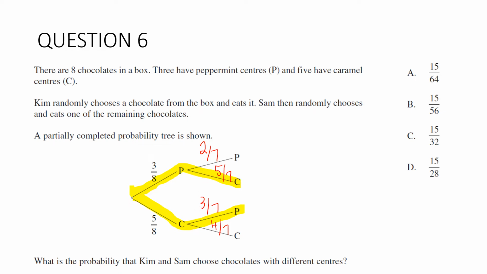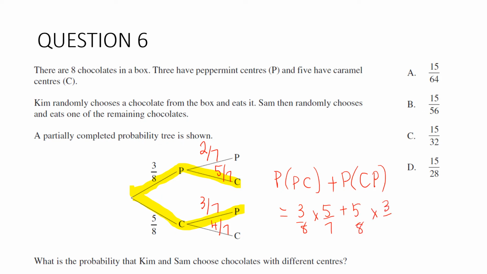As we go down the tree, we add. So we want the probability that we choose peppermint and then caramel, or caramel and then peppermint, which is 3/8 times 5/7 plus 5/8 times 3/7, which is equal to 15/28.